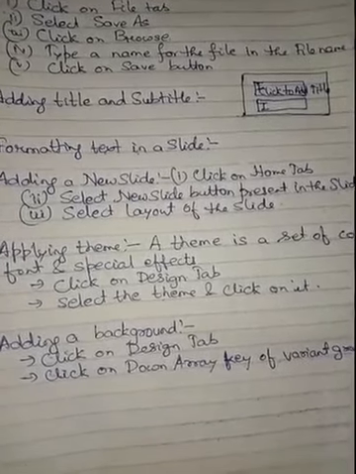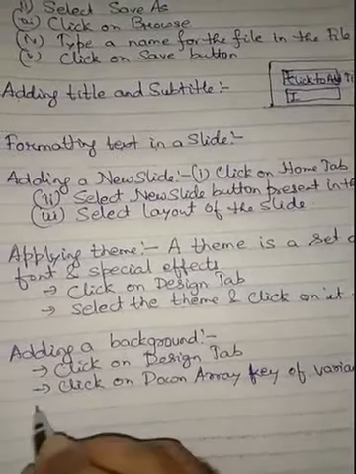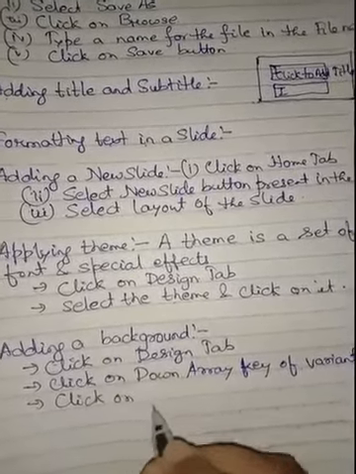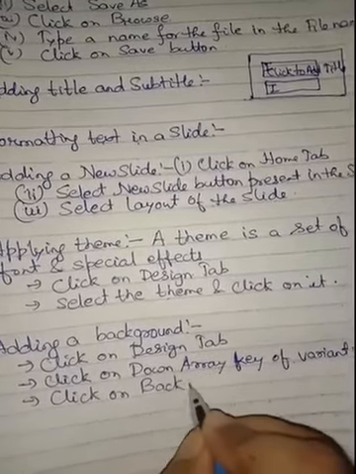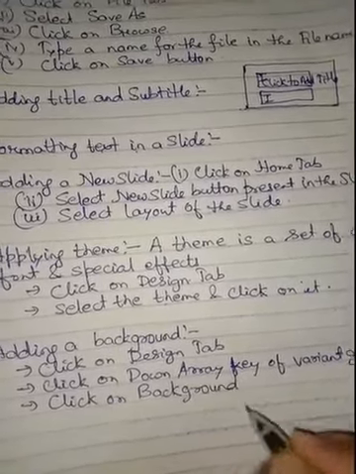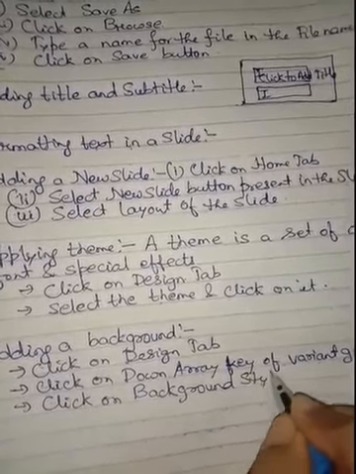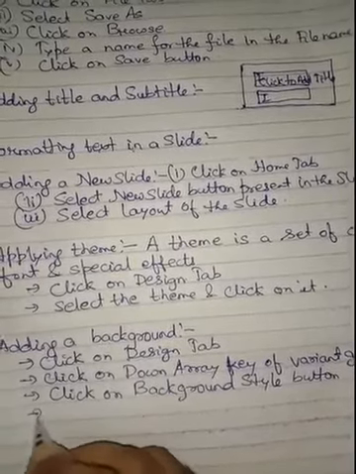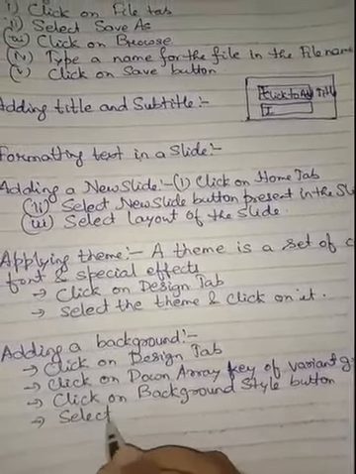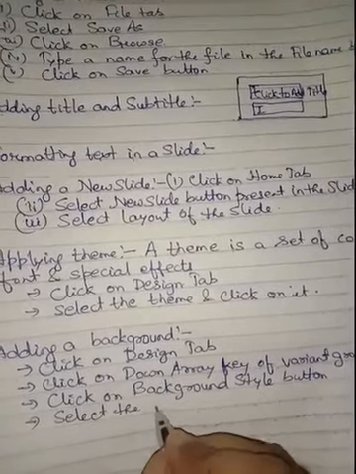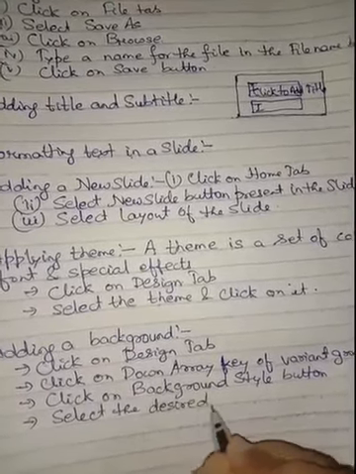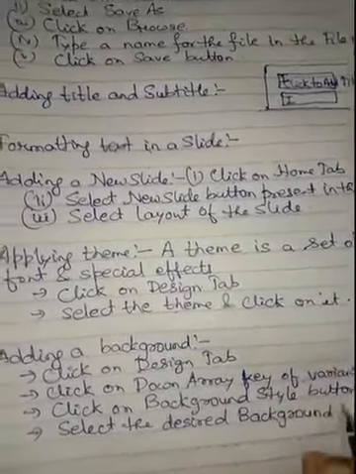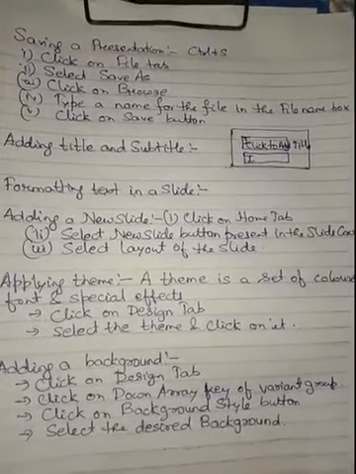Now from there, click on the background styles button and select that background. Select the type of background that you want. Select the desired background. So in this way you can insert the background.